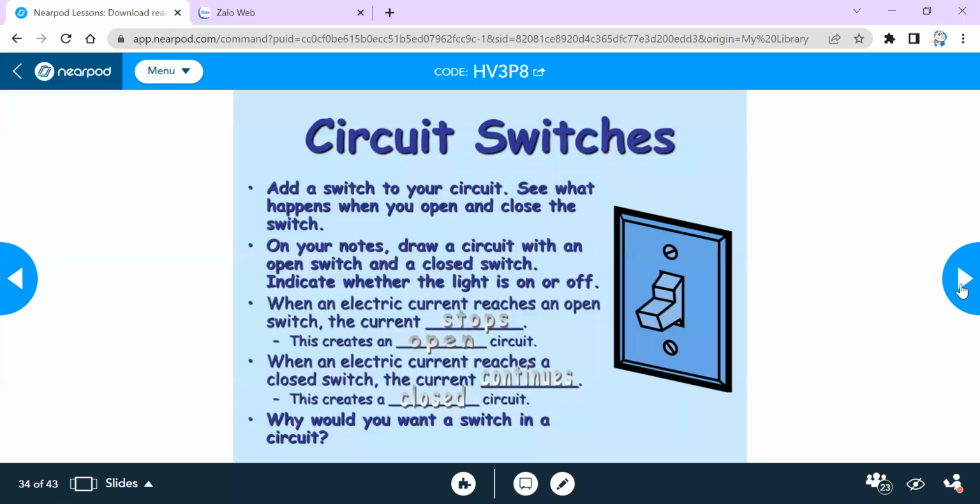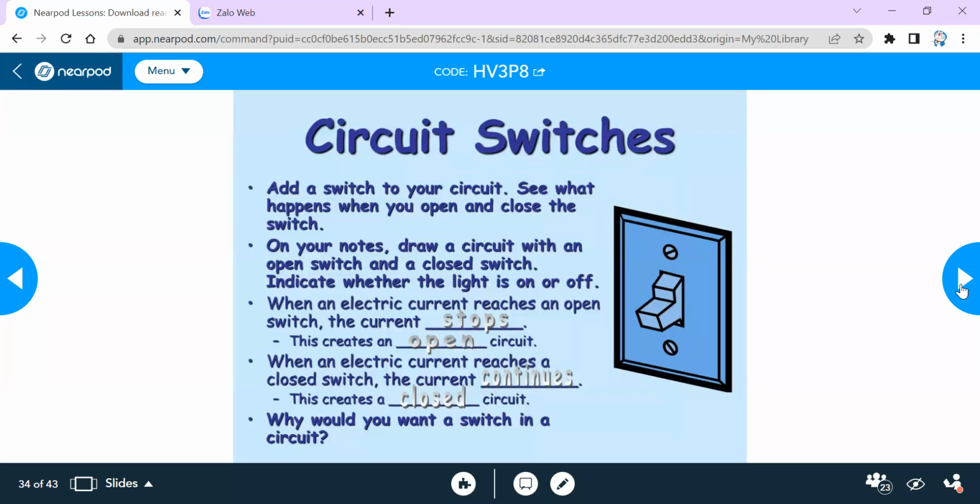So let's imagine a diagram in our mind. We add a switch to the basic diagram of a bulb and a battery. Let's imagine what will happen when you open and close the switch.